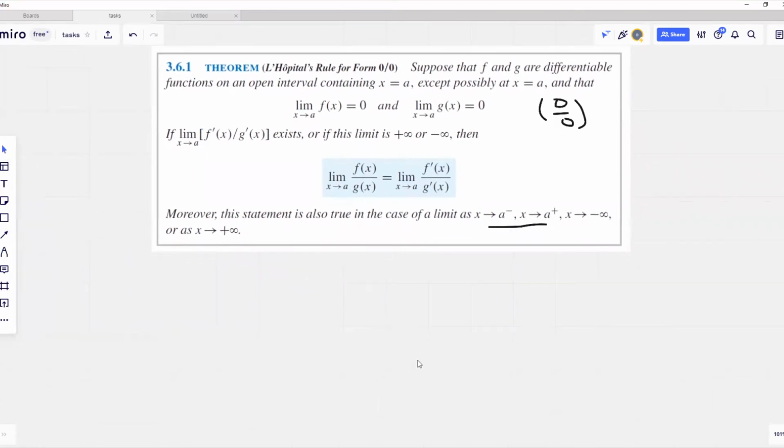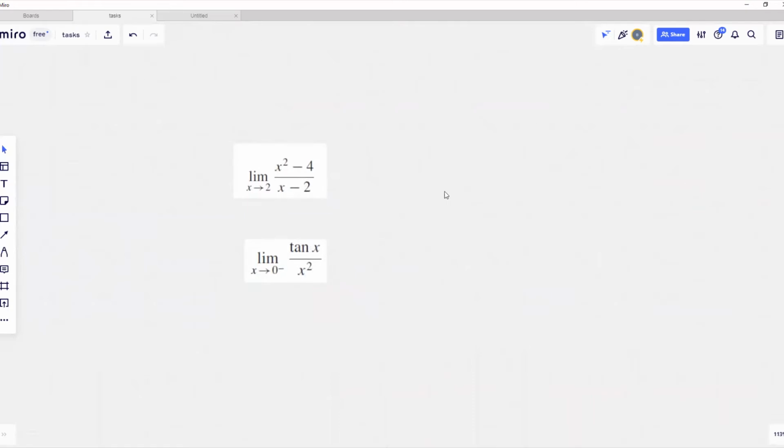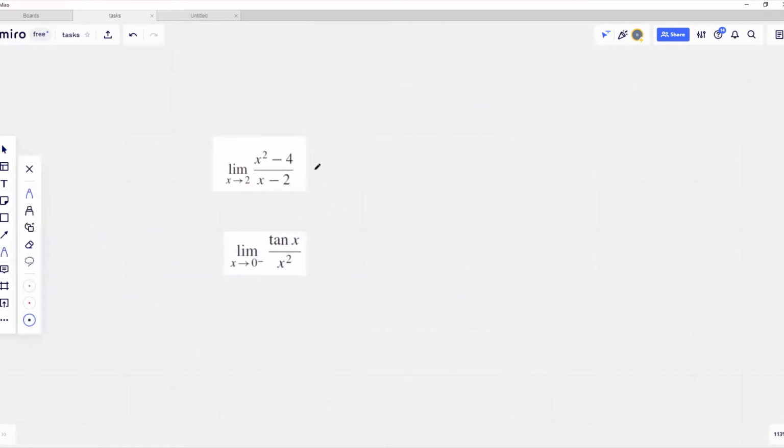Now let's use L'Hôpital's rule to solve a couple of limits. Previously, if we were to solve these limits, we would algebraically try to factor out terms in the numerator or denominator and cancel out some zero terms.